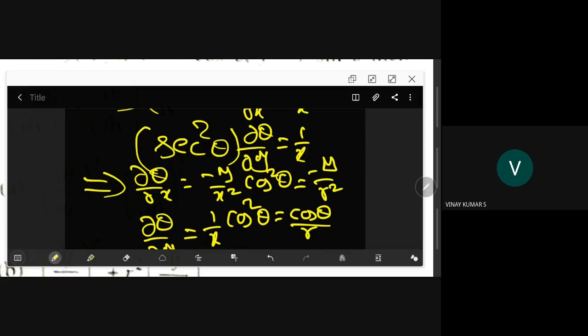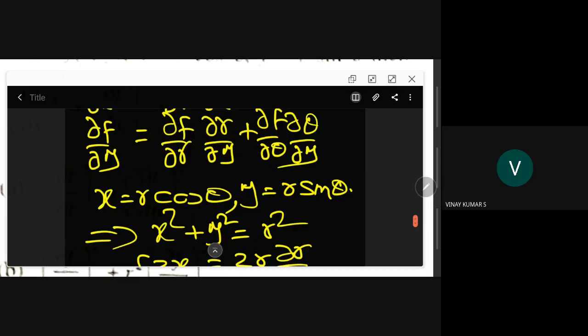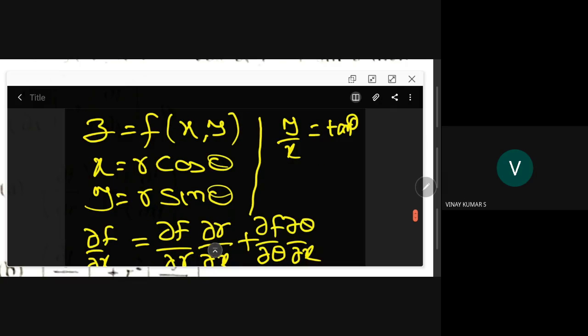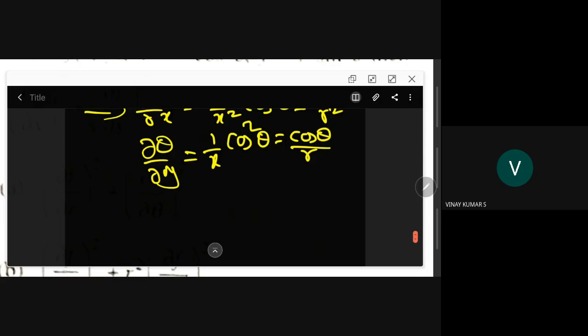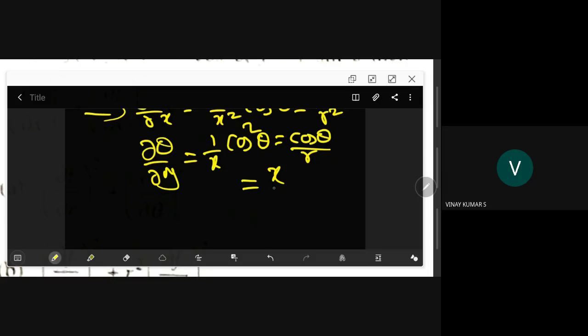Okay. So we need to convert the whole thing into x, y, and r. But what is cos theta? Cos theta is x by r. So this is equal to x by r square.